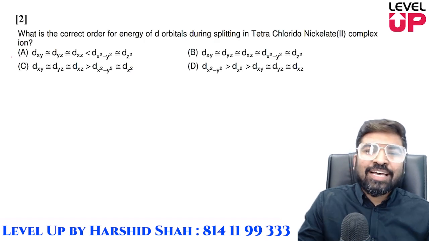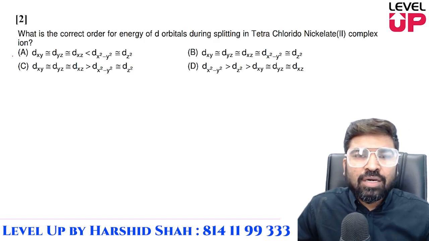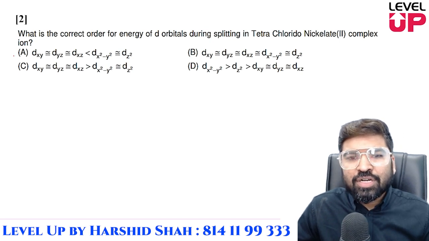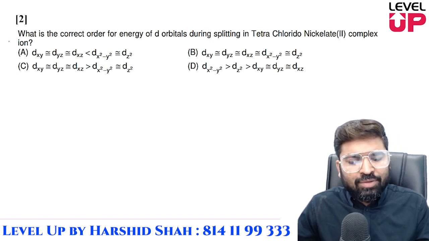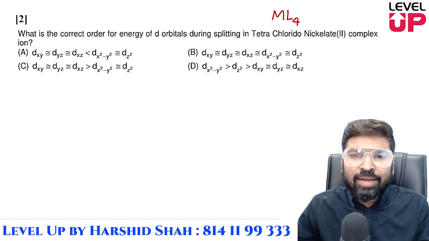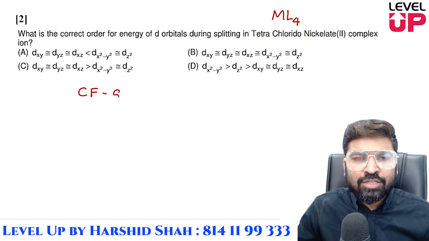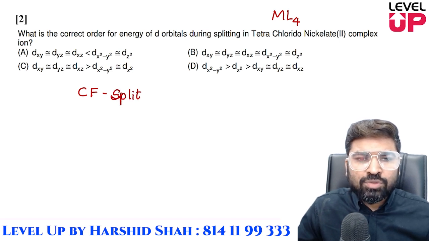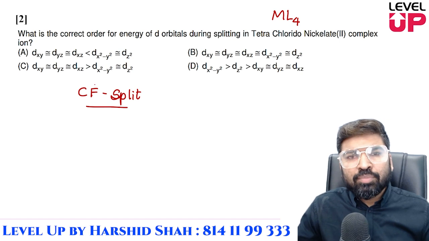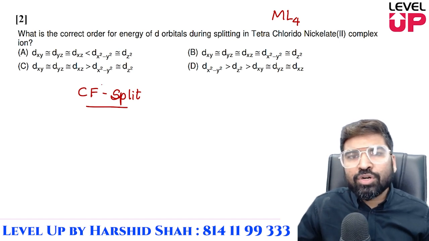Okay. Question number 2. What is the correct energy order for orbitals in a tetrachloridonickelate(II) complex? Basically what they are asking is ML4 complex के अंदर जो crystal field splitting होता है, वो split कैसा है. Basically, in the octahedral one, we have got T2g and Eg.